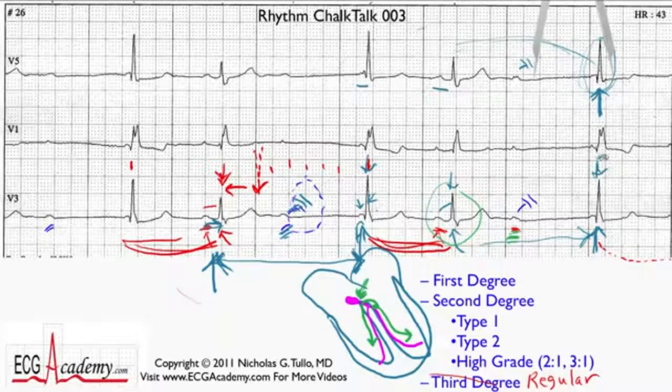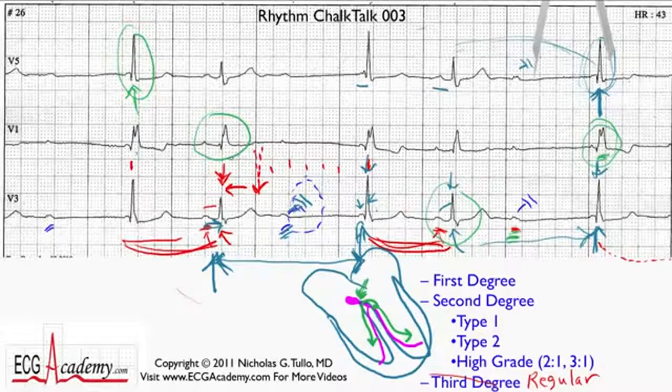And that's what's responsible for the change in the morphology of the QRS. All right, so to put it in plain English, this beat is not a junctional escape, but it is a bundle branch escape or a hemifascicular escape focus, and that's what makes it look different from the conducted beat.